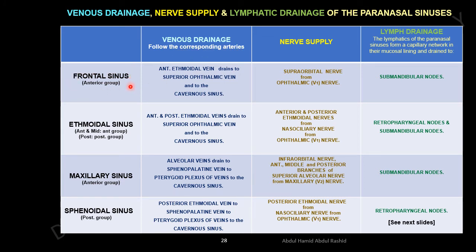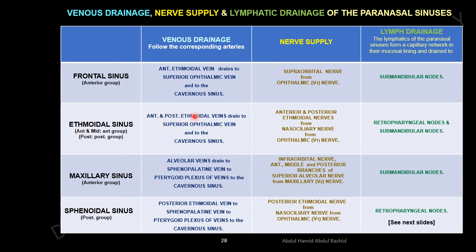First is the frontal sinus. It is drained by the anterior ethmoidal vein, which drains into the superior ophthalmic vein and finally to the cavernous sinus. Next is the ethmoidal sinus.